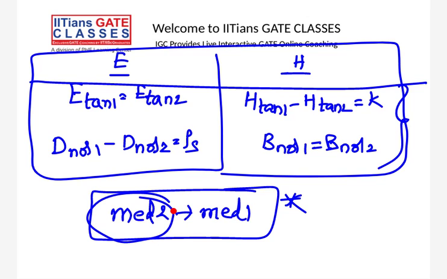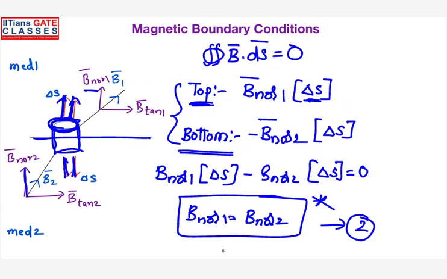And whichever medium it is entering, the destination medium, you can consider it as medium 1. Only then are these equations going to be valid. So any questions you have related to boundary conditions, you can ask now. So the concepts are clear now for everyone?